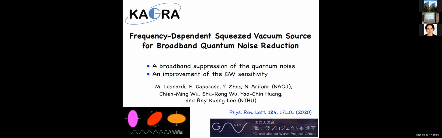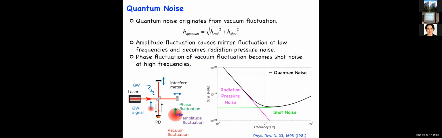Let us consider how quantum noise is generated. Actually, quantum noise originates from vacuum fluctuation. We can see this simple telescope setup. Vacuum fluctuation enters the telescope from the detector output port.